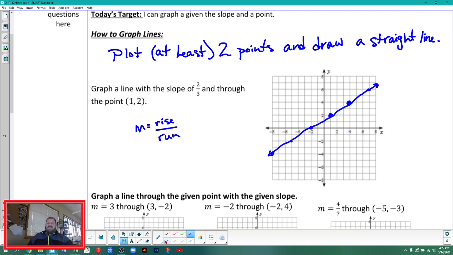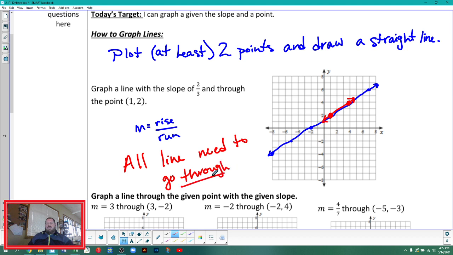The one thing that I dislike seeing is the student that puts a point there, plots their other point there, and says, there's your line. Okay, we want to know what happens outside the realm of these 2 points. So I want all lines, I'm going to put this right here, all lines need to go through the graph.